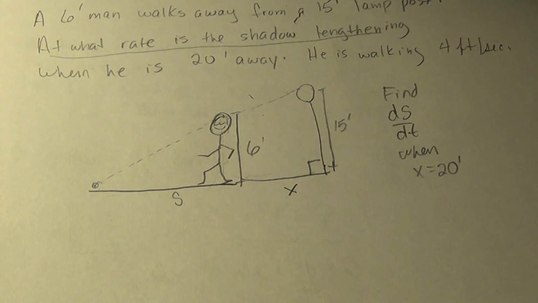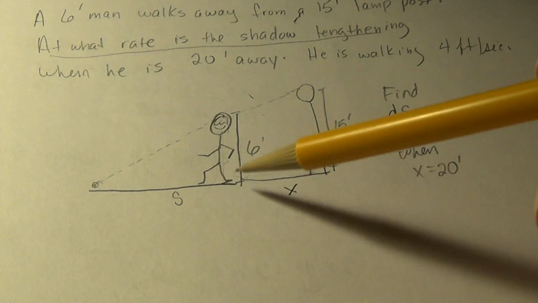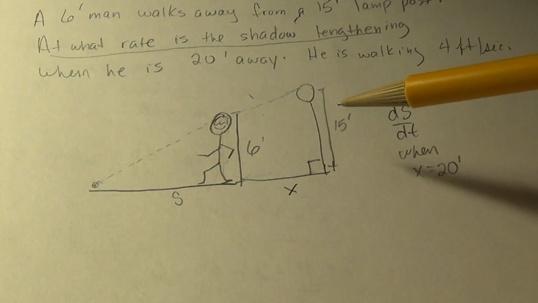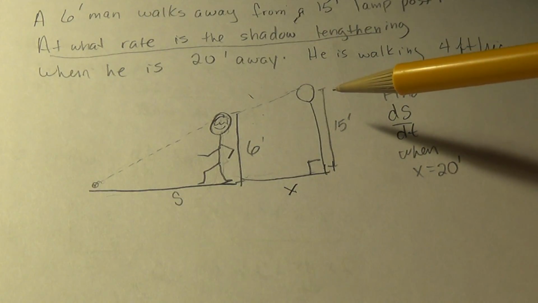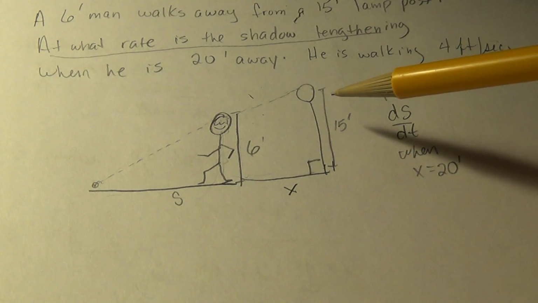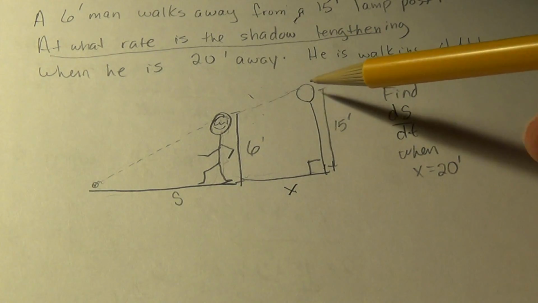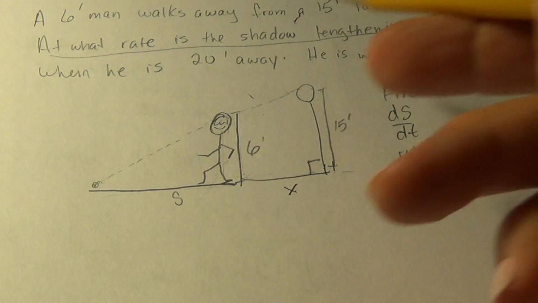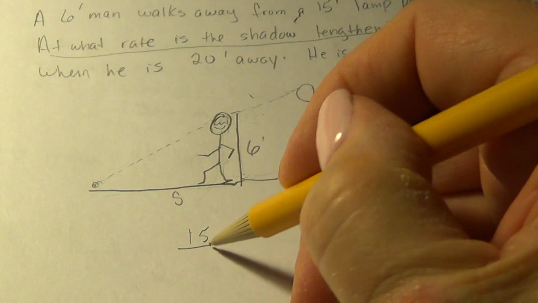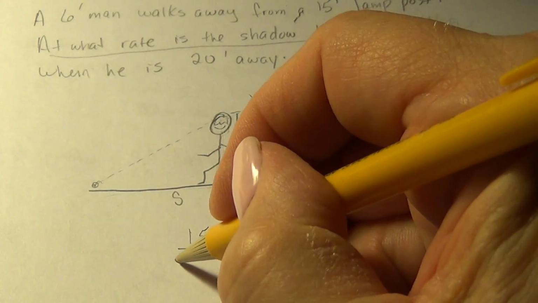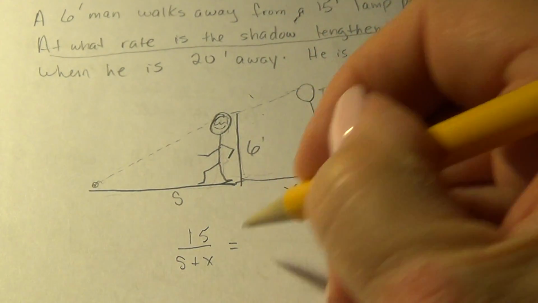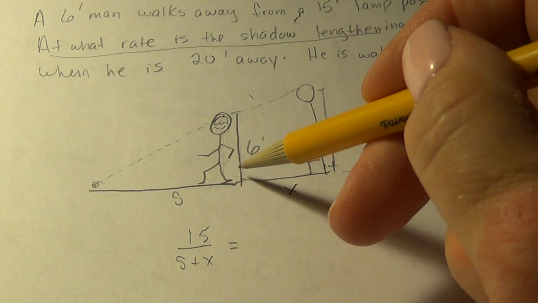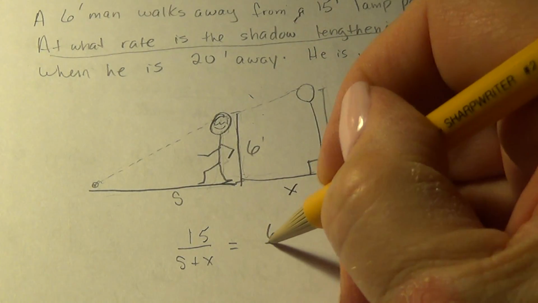Do you see another relationship from mathematics that relates these variables? That is going to be similar triangles. So we can say this is to this as that is to this. So 15 is to this side, s plus x, as, so that's our equal sign, 6 is to s.